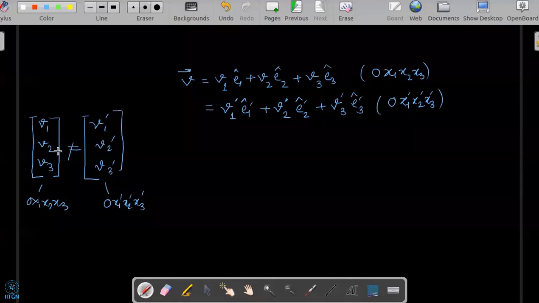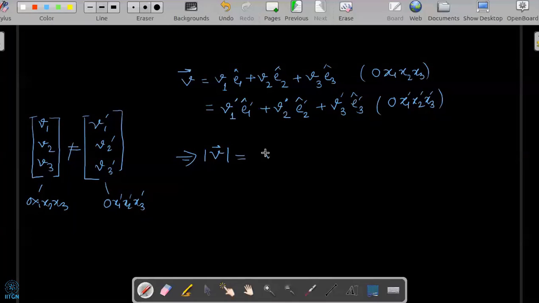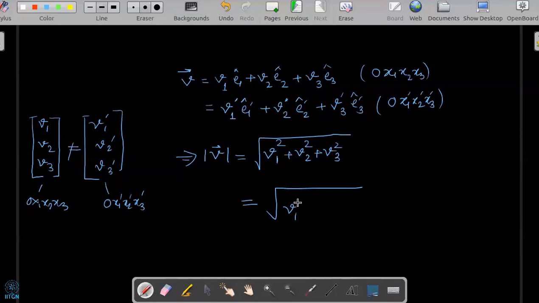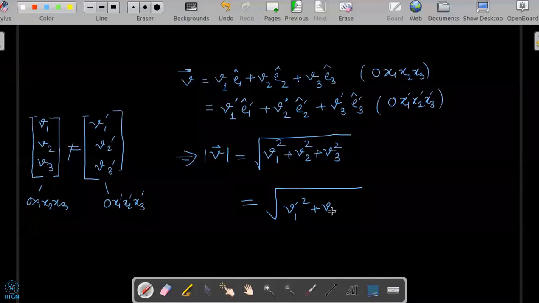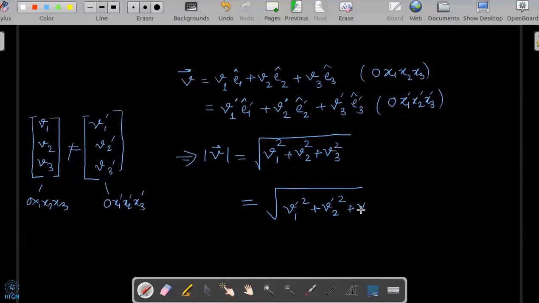In order to say this, let's find the magnitude. You will get v1 square plus v2 square plus v3 square, and it should be equal to v1 dash square plus v2 dash square plus v3 dash square. Isn't this the same vector?